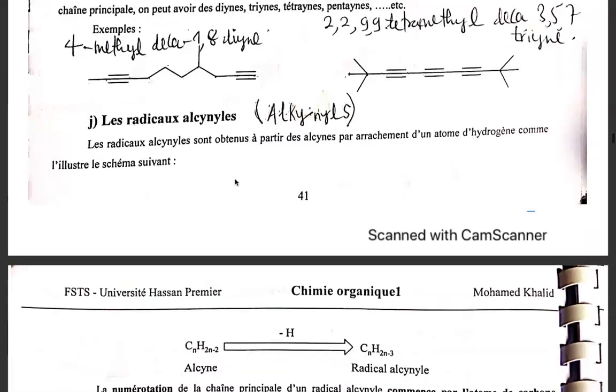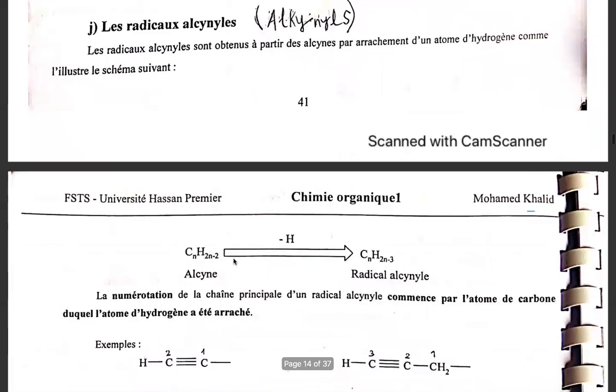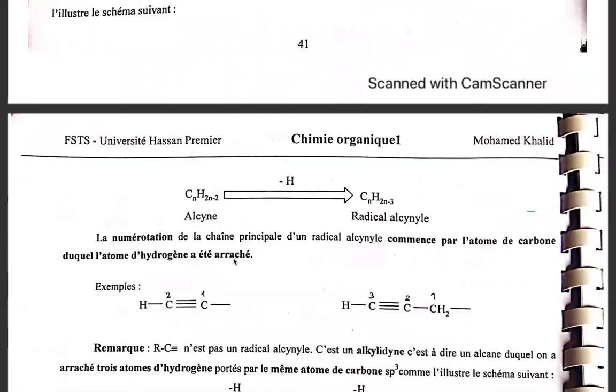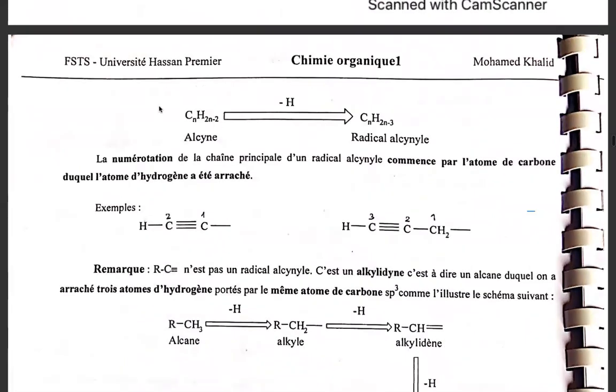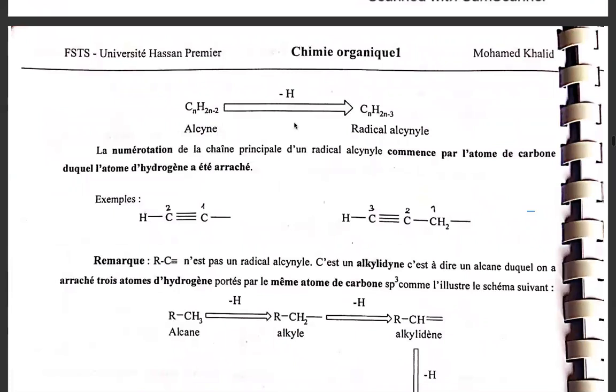So now this is the part where we talked about removing the hydrogen atom. This is where we came in with the principle of oxidation, also known as dehydrogenation. So when you remove a hydrogen atom from an alkyl, what do you form? When you remove one hydrogen atom from an alkyl, you have the formation of an alkylene.